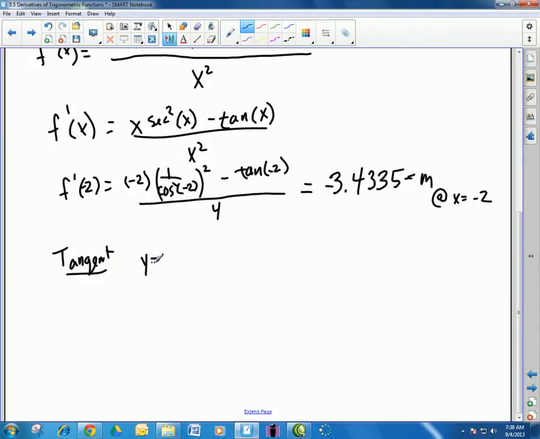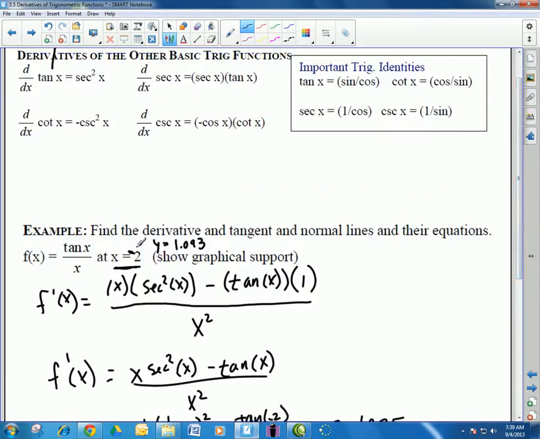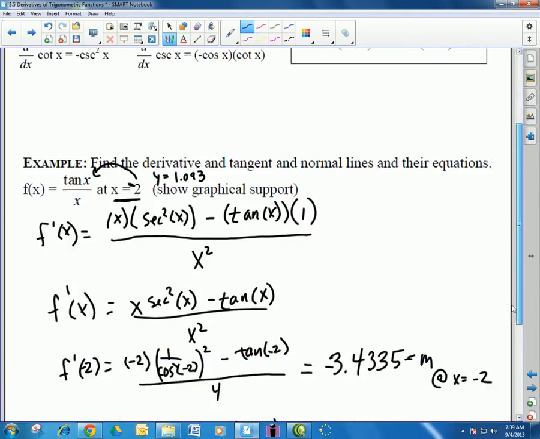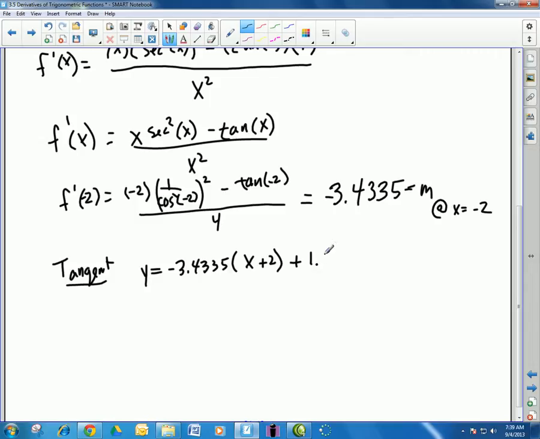That's going to be y is equal to your slope, which is negative 3.4335 times x minus x, so that's plus 2, plus your y value. Now your y value, you have to plug negative 2 in there, and I got 1.093, so it's going to be plus 1.093.